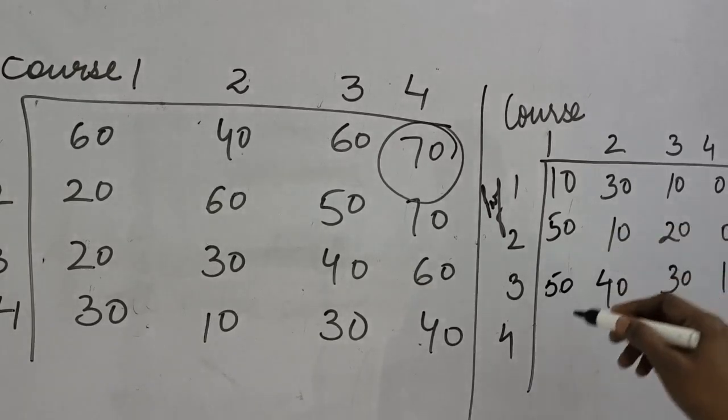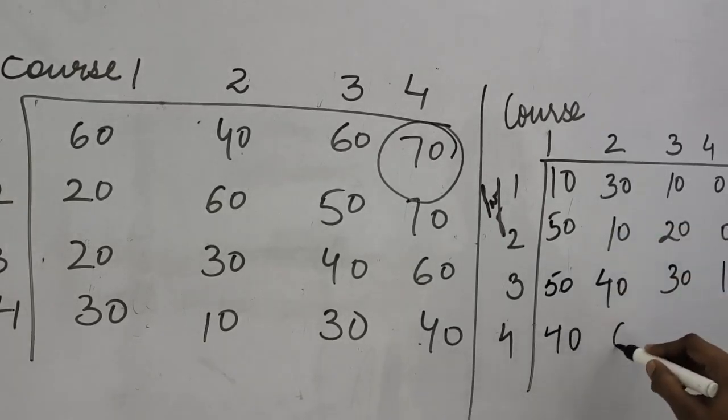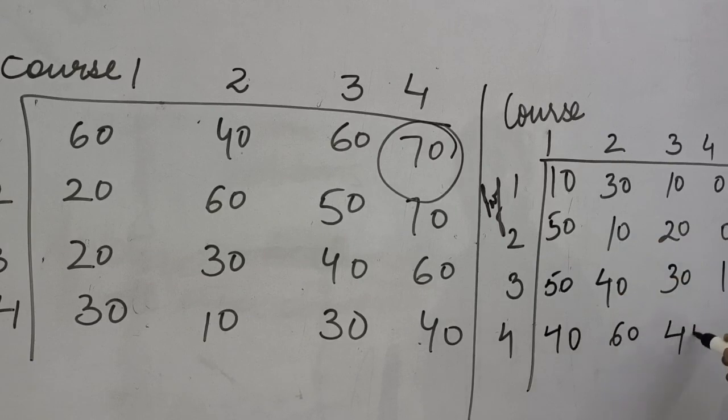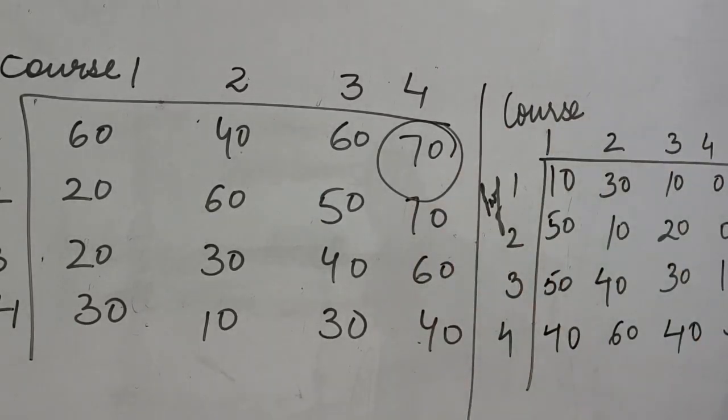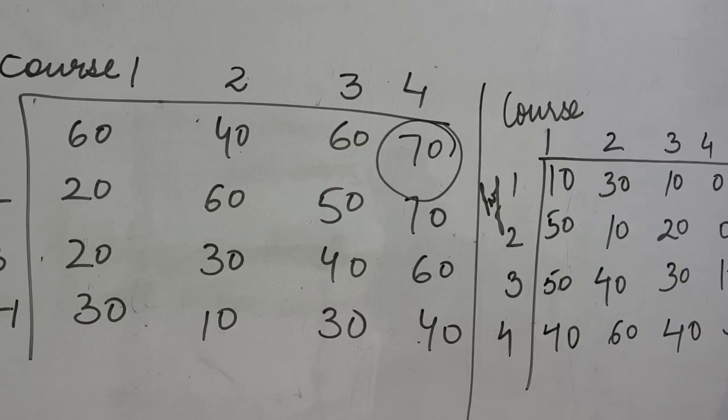And in the last row it will be 40, 60, 40 and 30. Like this, our maximization problem has been converted to minimization. Now we have to move ahead with the Hungarian method from this matrix. First row reduction, then column reduction. Like this we will move ahead with all the steps.